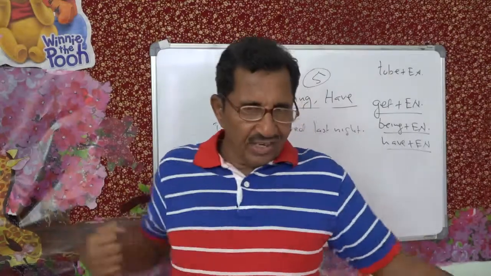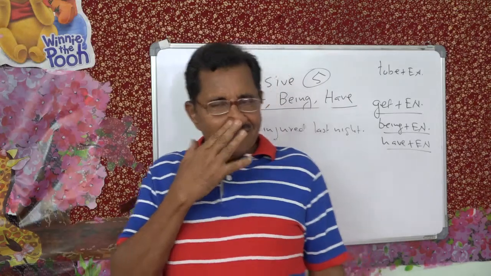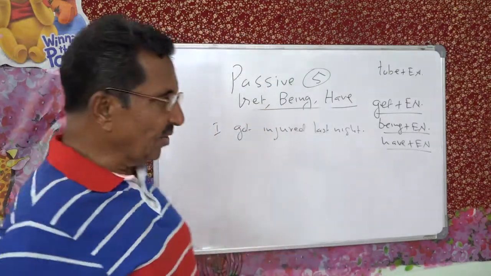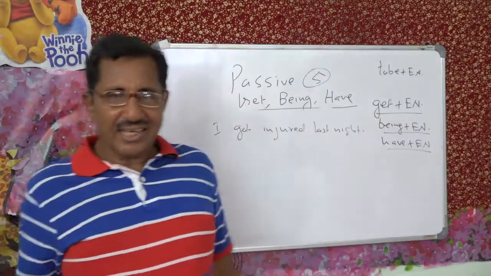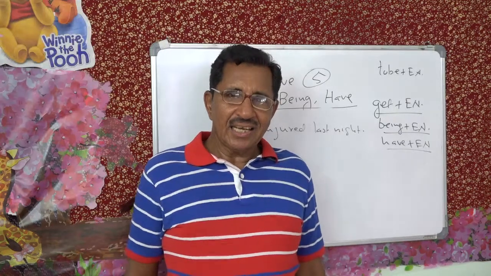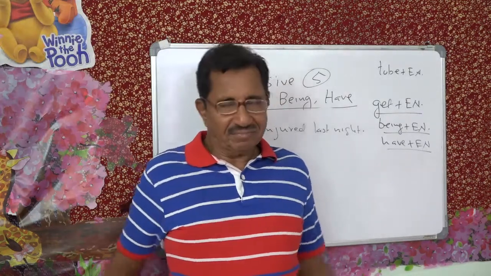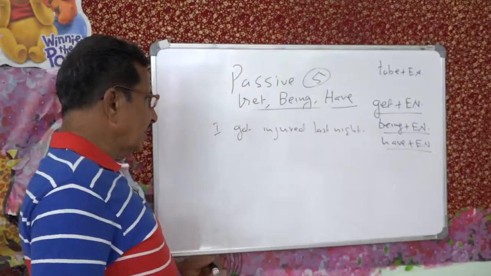Then we were fighting, and he hit my nose. And then I got injured. He got rewarded, he gets rewarded, he gets fired, he got fired. You can say got. So these are passives.